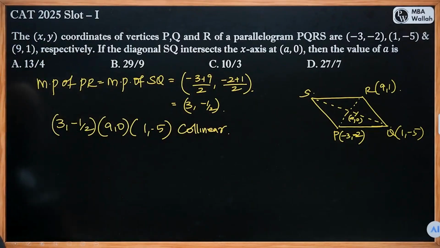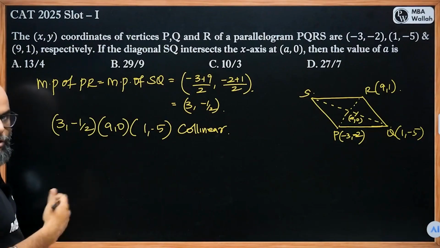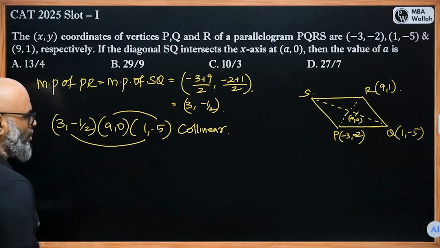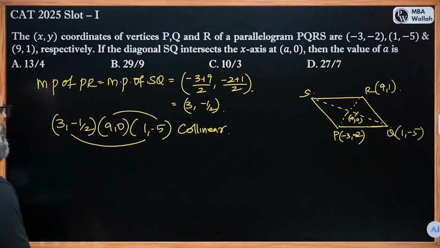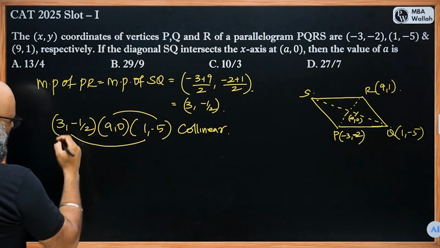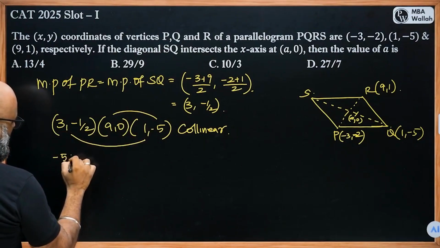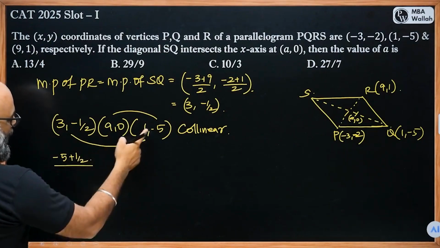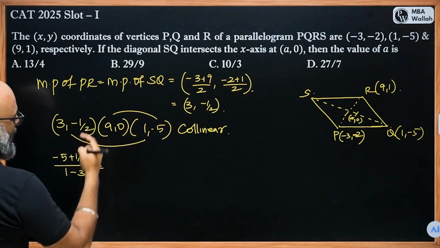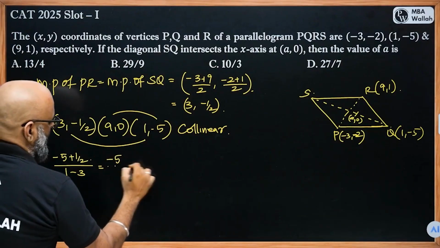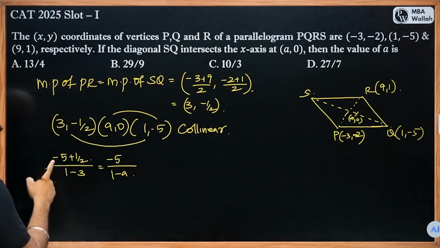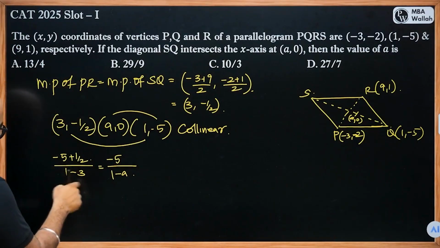How does that help? The slope of any 2 points will be the slope of the other 2 points. You can say slope of these two is equal to slope of these two, or these two. Pick any two combinations and then equate them. So I'm going to do these two: y2 minus y1, minus 5 plus 1 by 2, over x2 minus x1, 1 minus 3, is equal to y2 minus y1, minus 5 minus 0 is minus 5, over x2 minus x1, 1 minus a. So this is minus 4.5, this is minus 2.